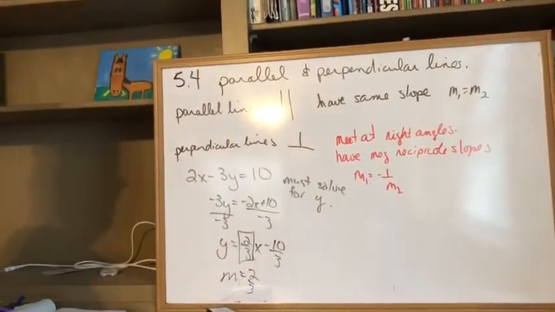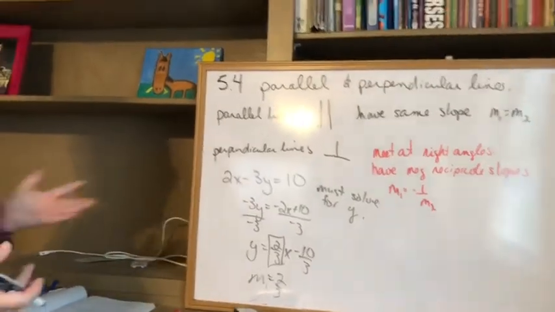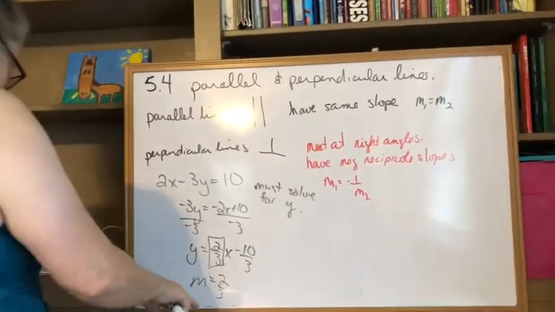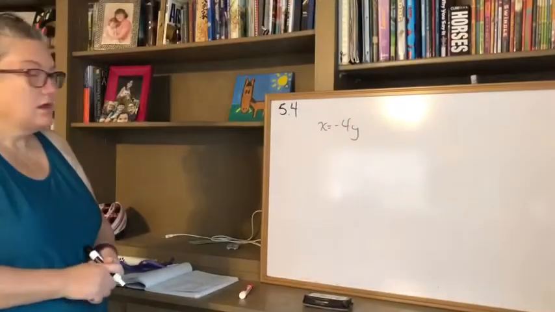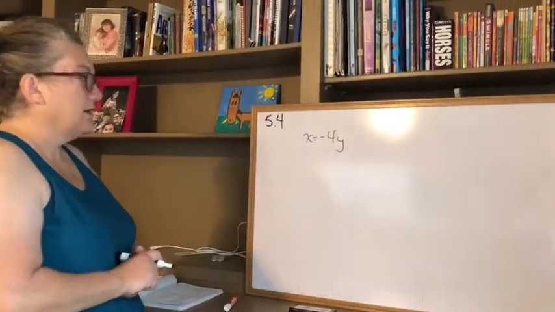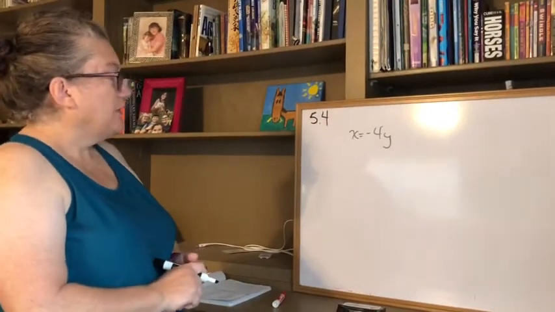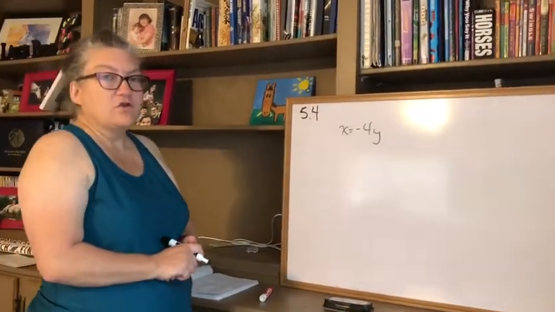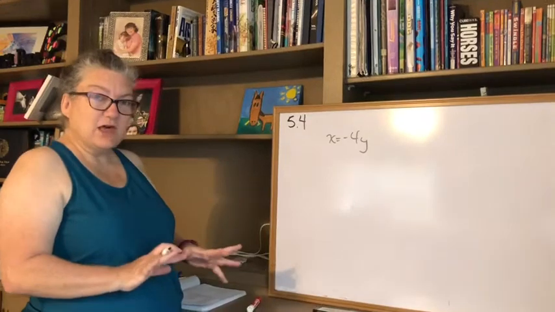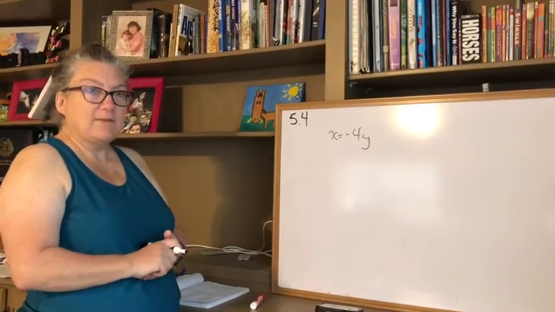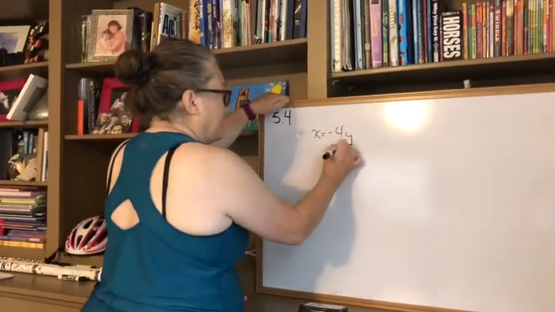So we're getting the hang of how to figure out the slope, right? I've got one more for you. Here's one more example where we want to find the slope of a line. This is just one line, and we have x equals negative 4y. Remember, to find the slope, we need to get y by itself. So I'm going to divide by negative 4.